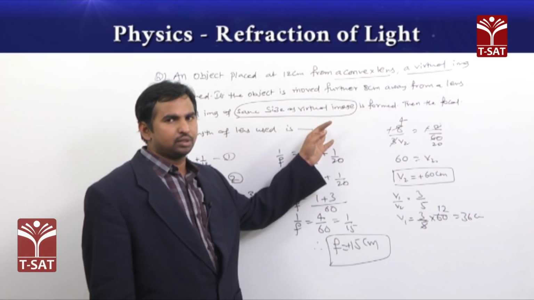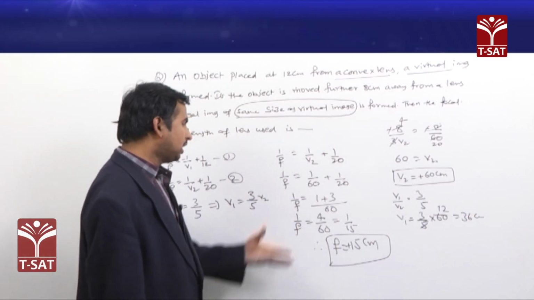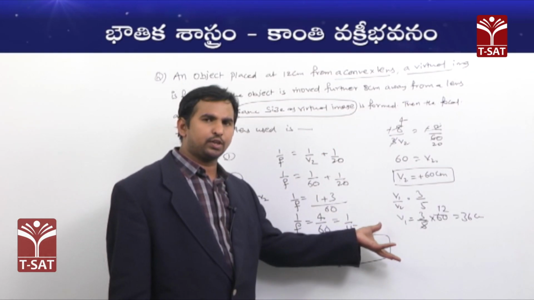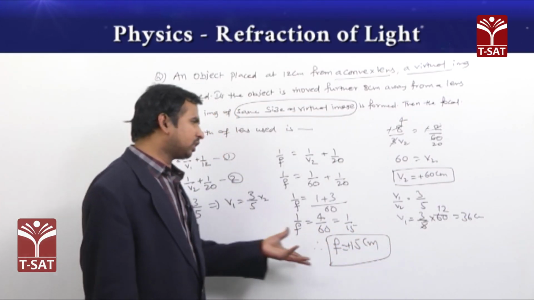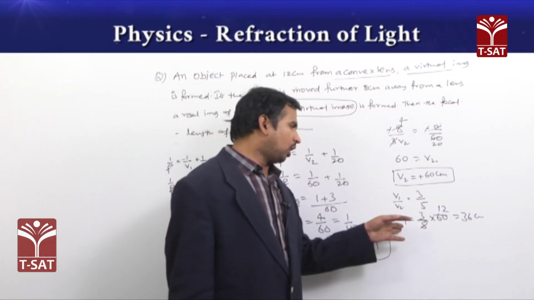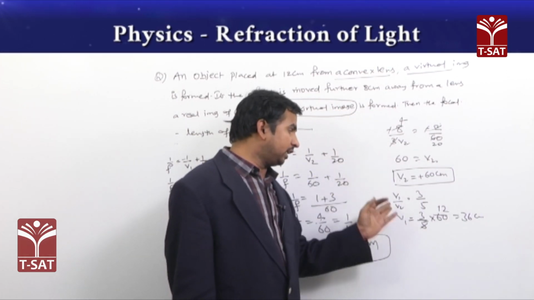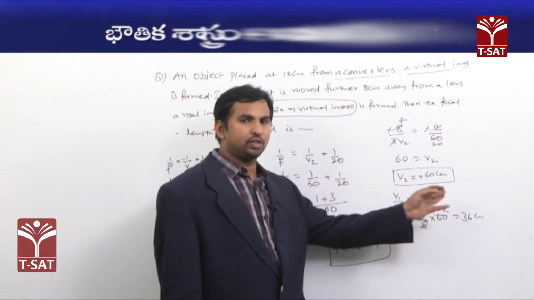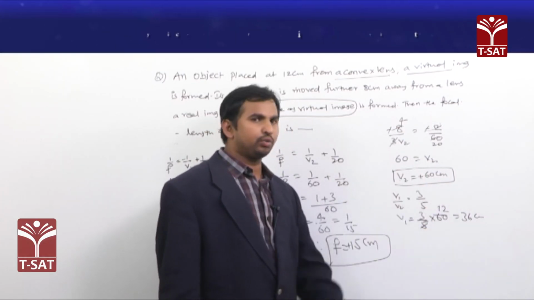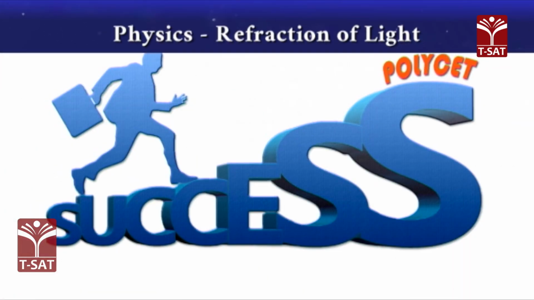By using that condition, we find the focal length is 15 centimeters, with object distances of 12 and 20, and for the corresponding image distances we get V1 as 36 centimeters and V2 as 60 centimeters.